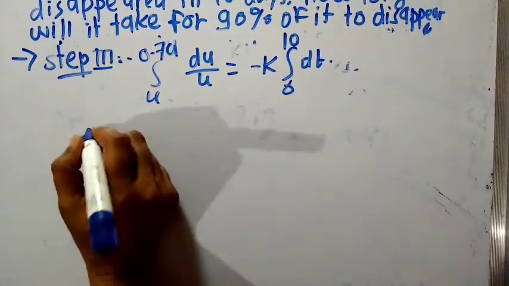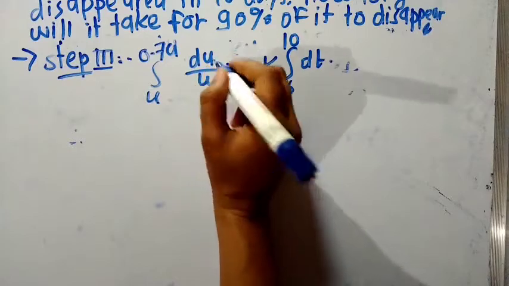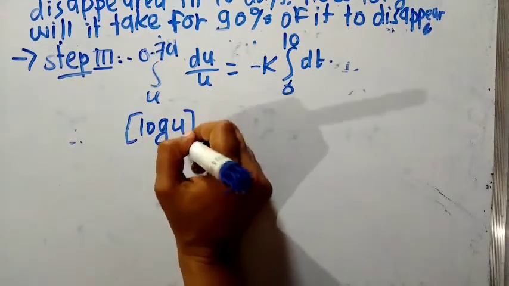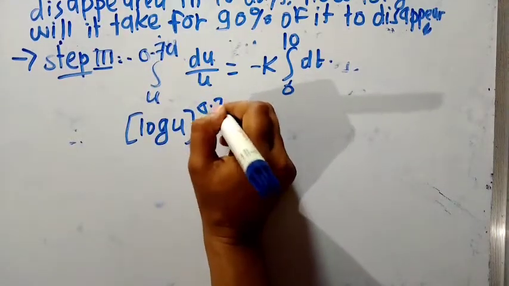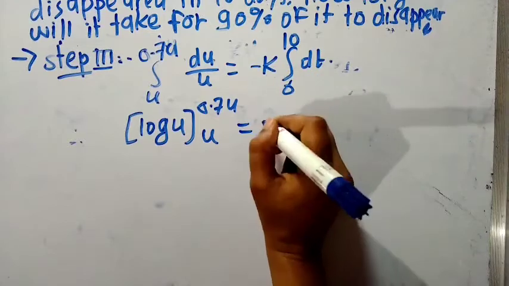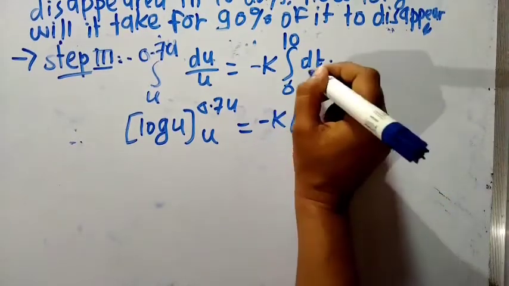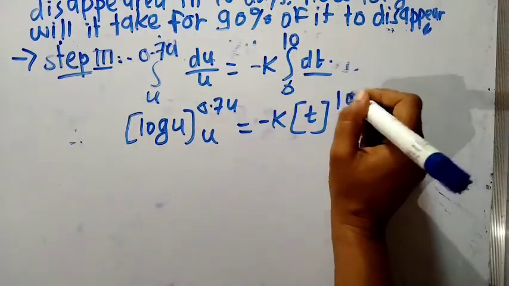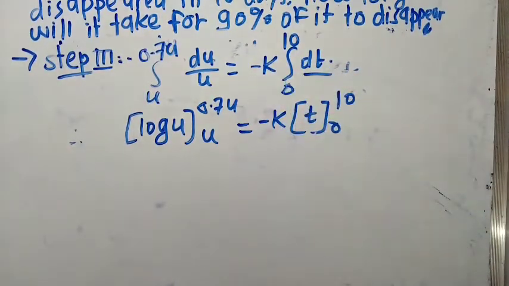Then integration of 1 by u into du is log u, from 0.7 u to u, which is equal to minus k into integration of dt is t, from 0 to 10.